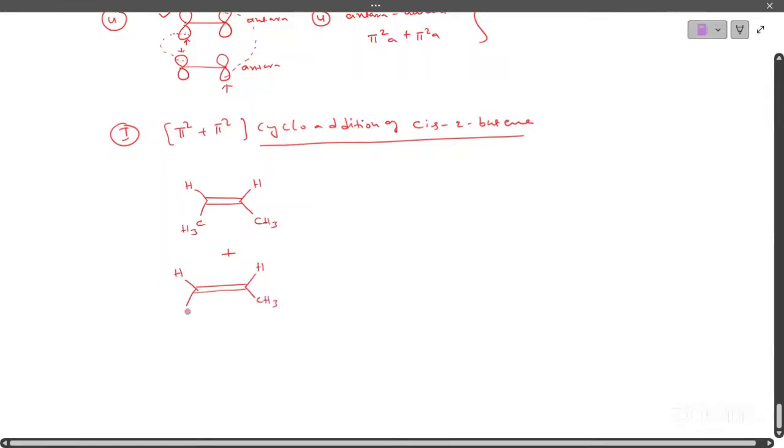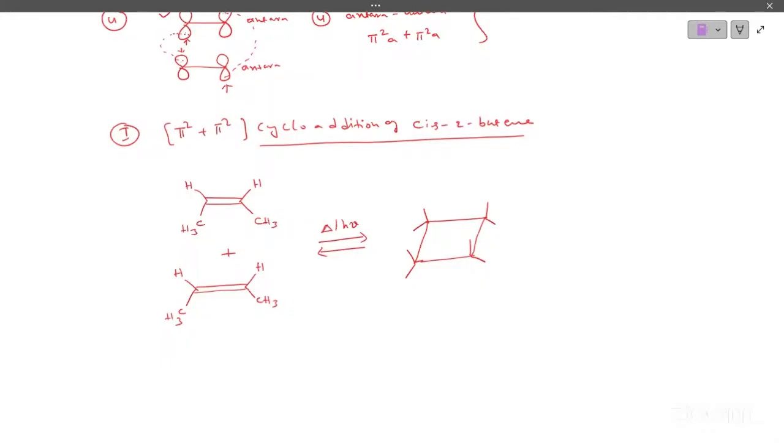Right. Now it leads to produce the expected products.